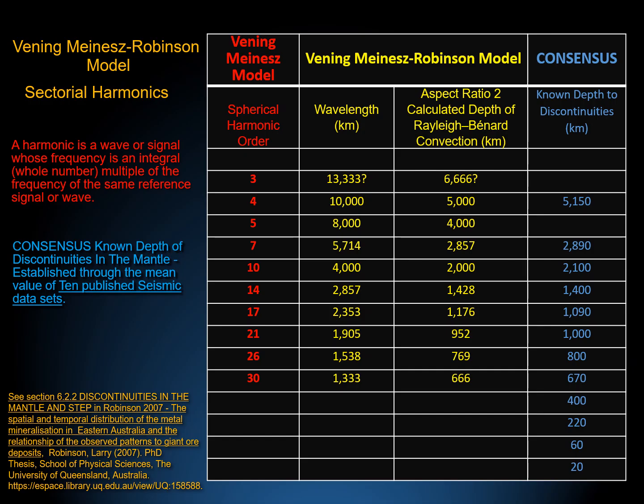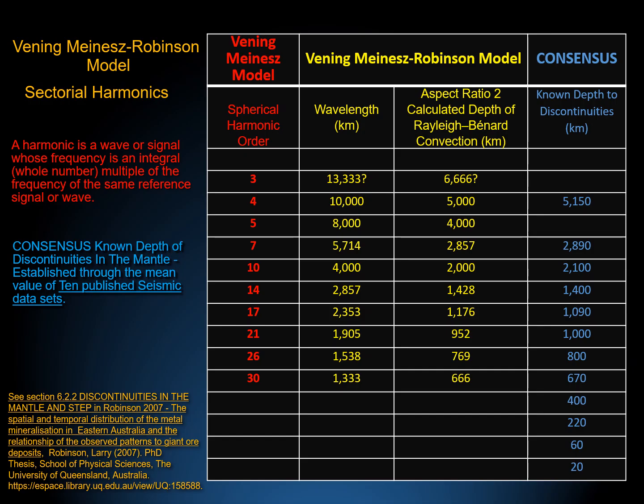Let's now compare the calculated depth of Rayleigh-Benard convection in the mantle with the known depth of discontinuities from seismic data. For instance, at spherical harmonic order 10, the aspect ratio calculated depth of Rayleigh-Benard convection would be 2,000 kilometers.